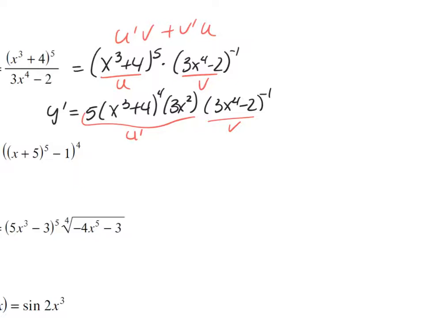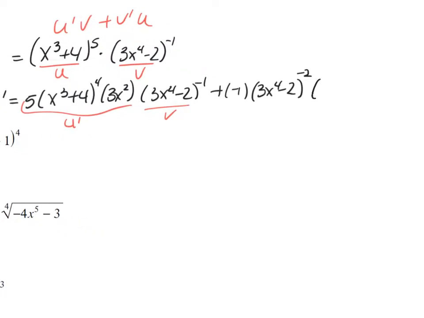Now I have to do the derivative of v prime times u. So plus, the derivative of v is going to be a negative 1 is going to come down out front, so minus 1. 3x to the 4th minus 2 raised to the negative 2, I drop a power, multiplied by the inner function. The inner function is going to be 3 times 4, which is 12, x to the 3rd.